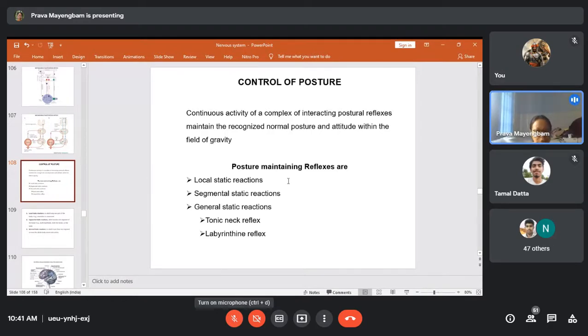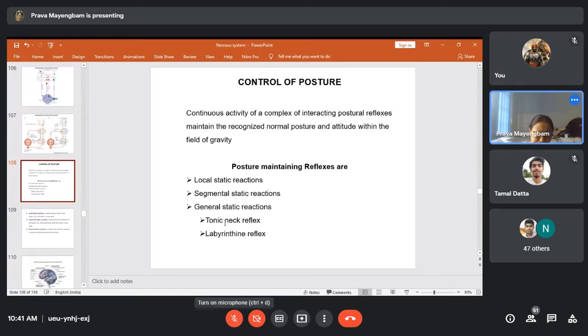Okay, so the posture maintaining reflexes are local static reactions. One is segmental static reactions and another is the general static reactions. In general static reactions, some examples are the tonic neck reflex and the labyrinthine reflex.